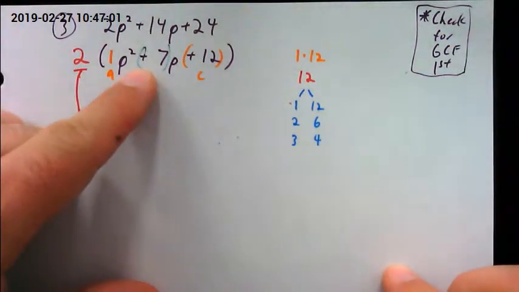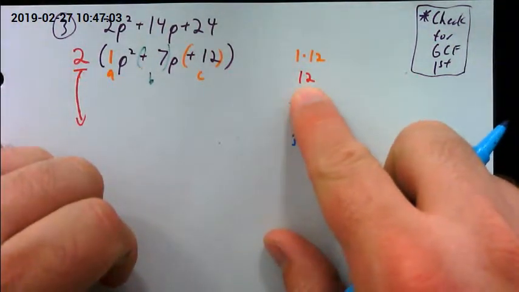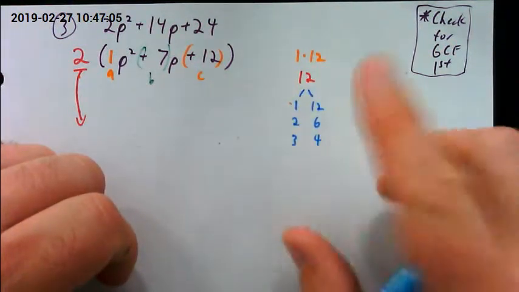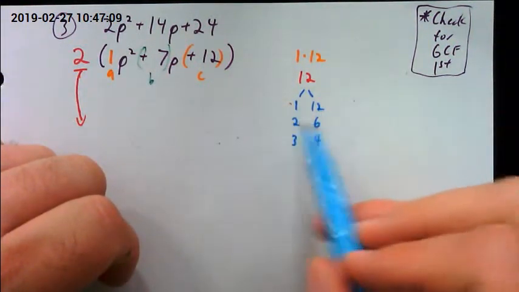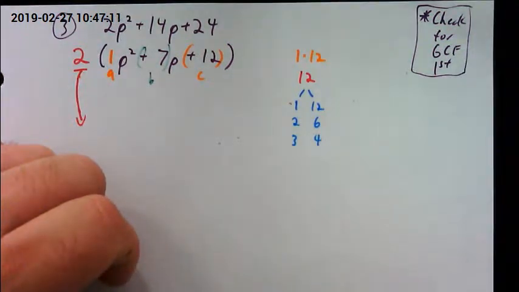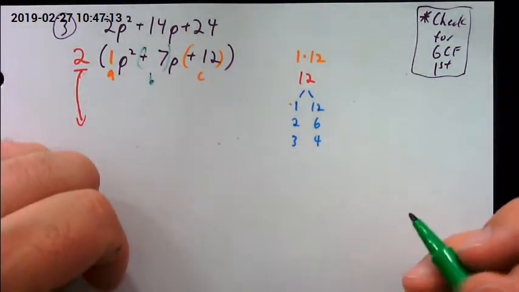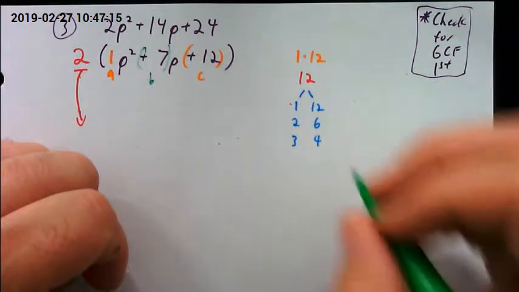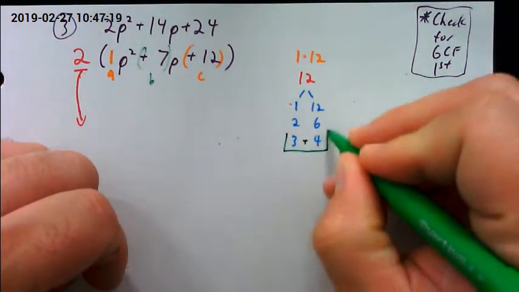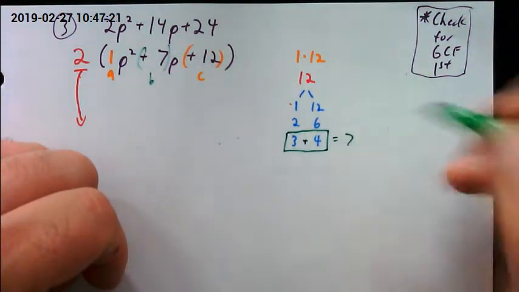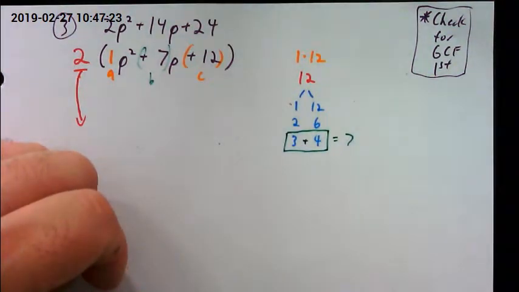Well, our middle sign is positive. Our number here is positive. So all these numbers are going to be positive. So do any of these add up to give us the middle value of 7? 4 and 3, yeah. So the 4 and 3 add up to 7. So those give us the B value we need.